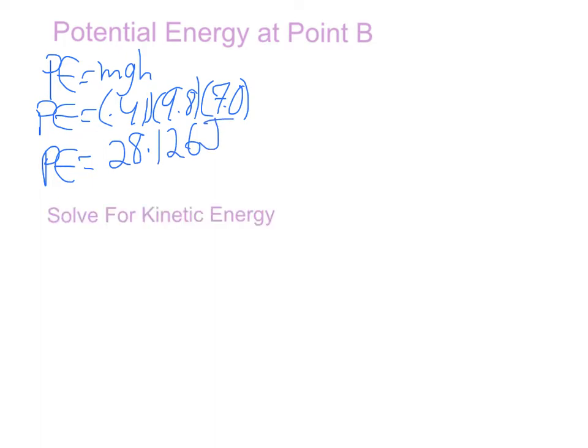So finally, we are ready to solve for the kinetic energy at point B. So we know that the total energy is going to equal PE plus KE.